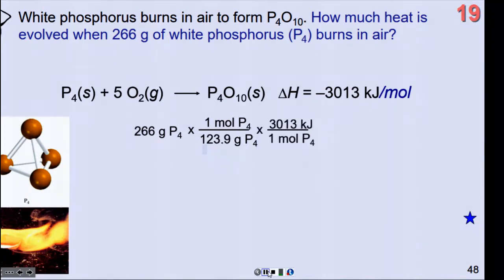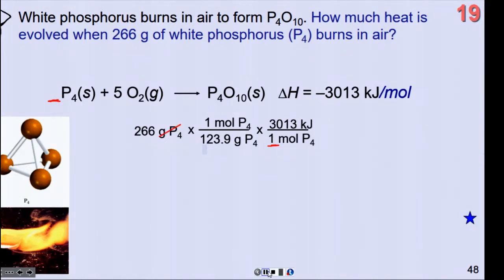After that, we take our 3,013 kilojoules per mole of P4. Notice that it's for 1 mole of P4 here and 1 mole in that relationship. When we set this all up correctly, things should cancel out.